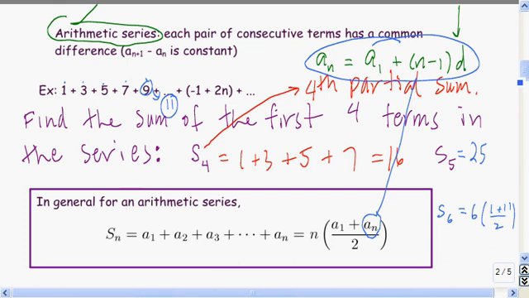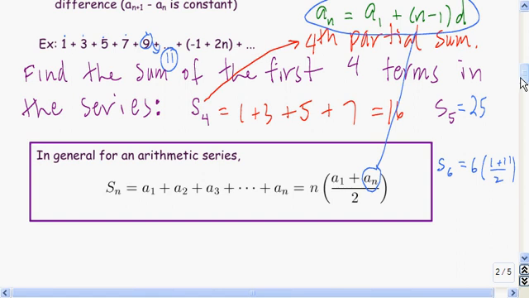Either can be used, but you're going to use the one that follows the given information that you have in a particular problem. So let's look at what this new formula is. This is going to be equal to n times a1 plus, substituting this a sub n with this expression, a1 plus n minus 1 times d, all divided by 2.